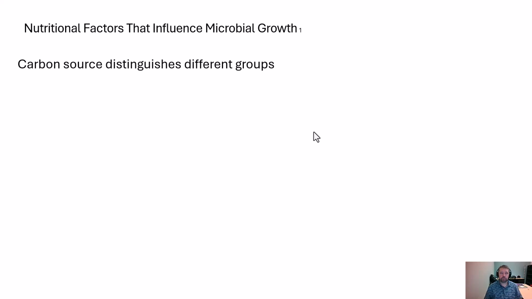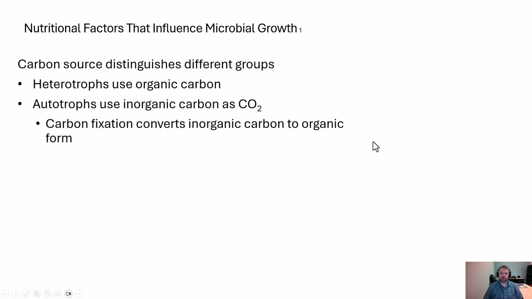When we look at the microbial world, we normally distinguish organisms into groups, typically two main groups. And then there are offshoots of these groups, and we'll get to that in a second, okay?